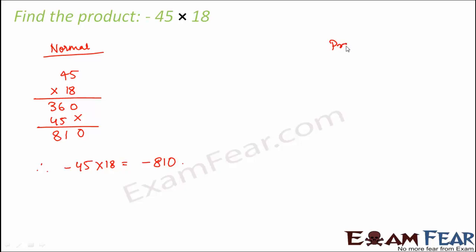Now let us make use of properties. So when you make use of properties, instead of 18, you write it as 20 minus 2. 18 can be written as 20 minus 2. Now which property do you remember? So this is distributive property of multiplication over subtraction.